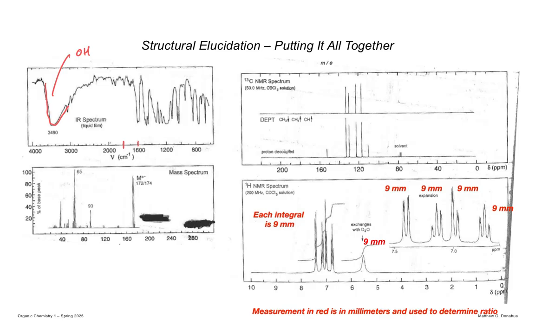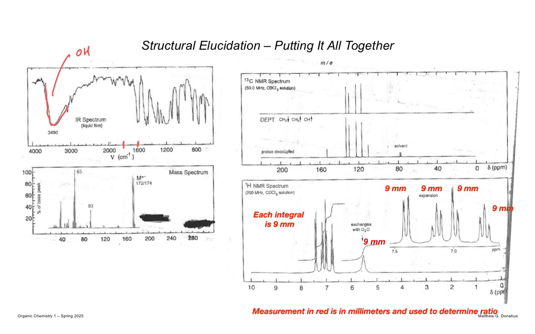So that's 1600, we see that. If you notice in there, there's something at about 1600, but there's really nothing at 1700, and that's where our carbonyl stretch would be. So there's no carbonyl stretch in there. So we can completely eliminate any functional group containing a carbonyl. So right now what we have is OH, we have an alcohol. So we're going to start looking at the other pieces of data to see what we can tease out of there in terms of fragments.